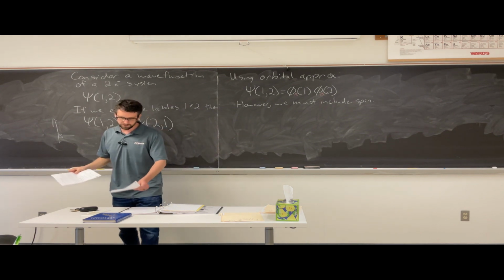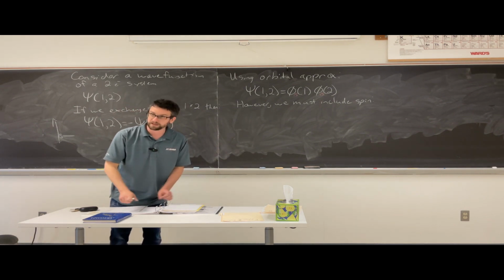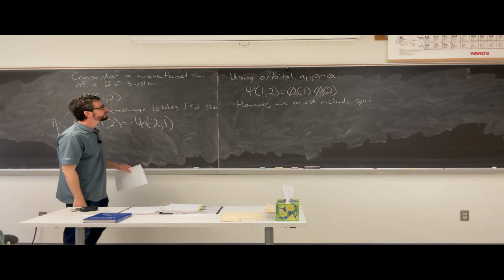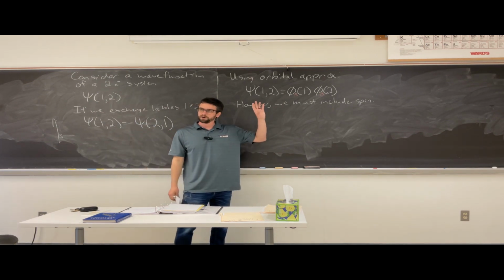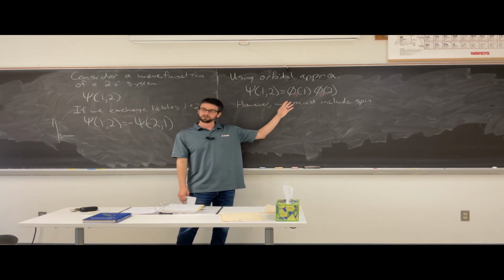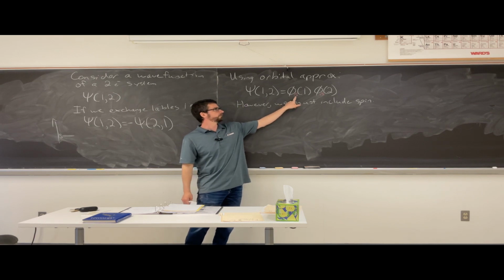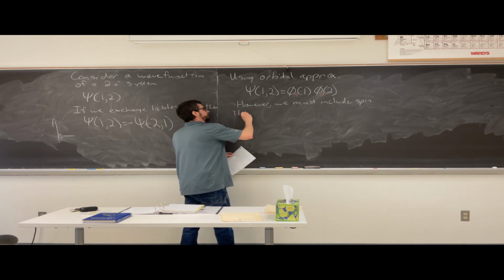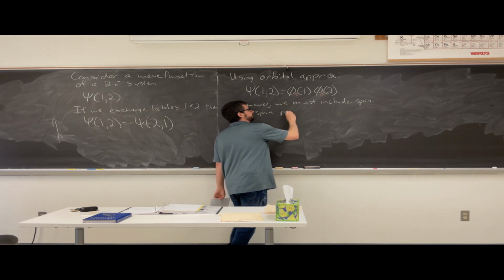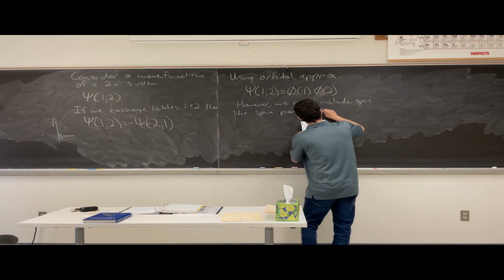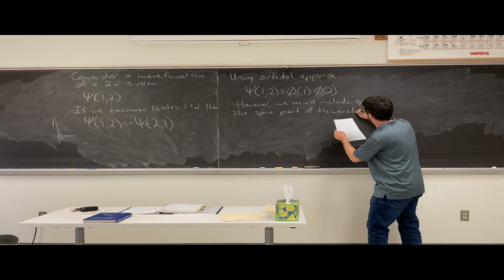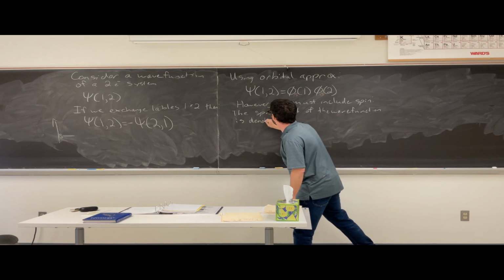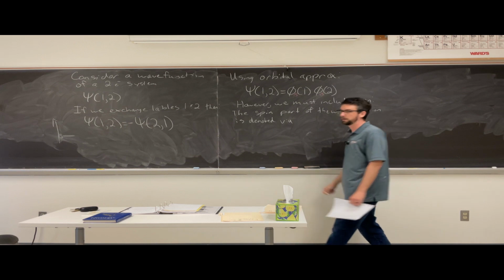From a handful of other experiments, but the Stern-Gerlach experiment showed us that electrons have inherent spin to them, so we gotta worry about that. We have two parts to a wave function. We have the spatial or the orbital function, the 1s, and then we have spin functions. The spin part of the wave function is denoted here.